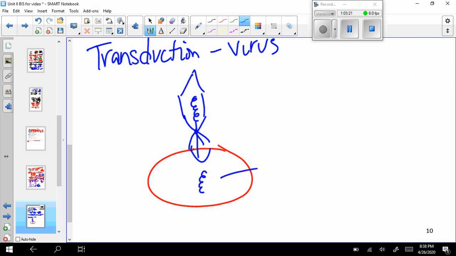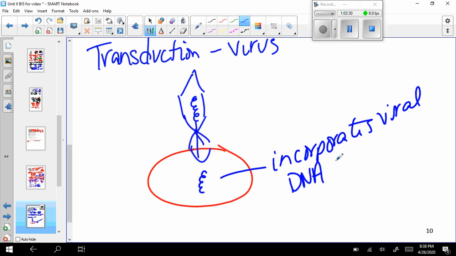So now this cell incorporates viral DNA into its genome. So your genome is all of your DNA. So now this little piece becomes a part of, like if this is my circular piece of DNA, it'll just take it in. And now it's part of the circular DNA, which means it is going to build these guys. It's going to be a factory for making viruses. And so that's the problem right now.